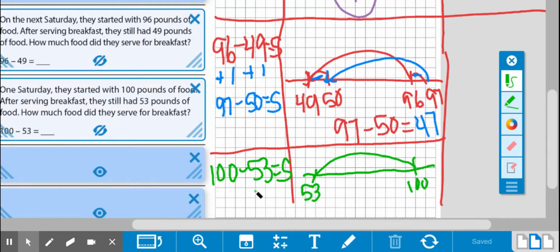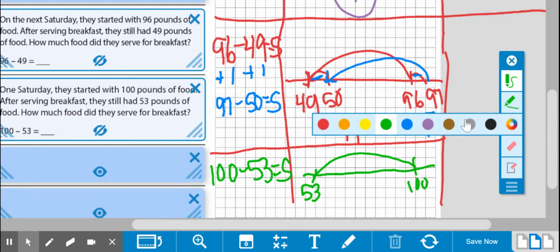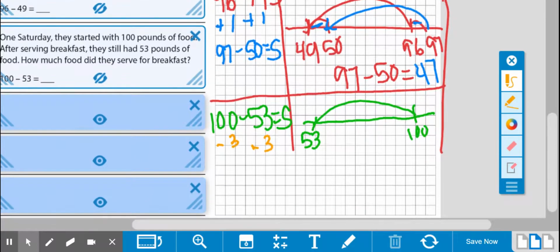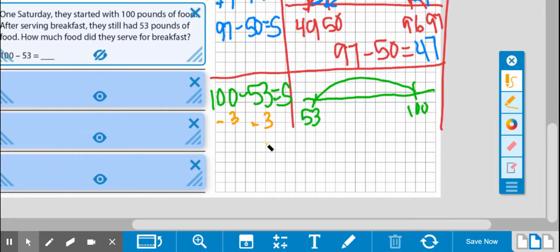Well, I could take away 3 from here, but I have to take away 3 from here, right? Because it's constant. This would then be 50, and this would be 97. Oh, look. If I take away 3 from here, 1, 2, 3, I'm at 97.